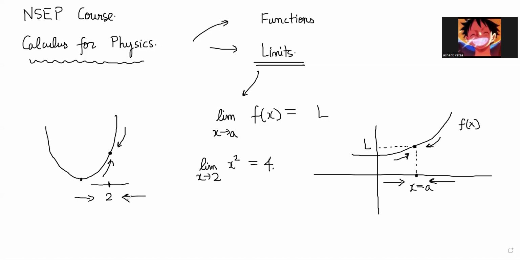Whether you come from the 1.9 side, the lower side, or from the higher side, the function value will tend towards 4. So that is the meaning of limit. And using this concept of limit only, we will define what a derivative is.